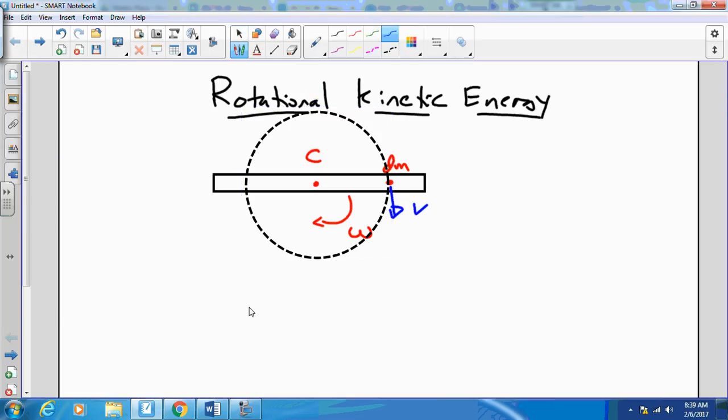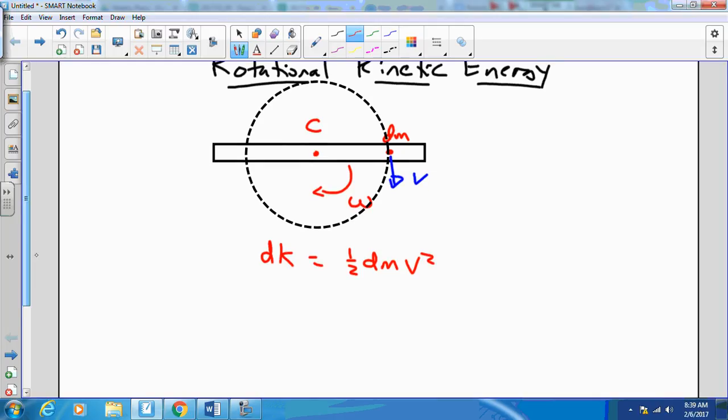And so we can say that the kinetic energy contributed by dm, which we're going to call dk, one small unit of energy, is equal to 1/2 times dm times v squared, where v is the speed of that particular dm.